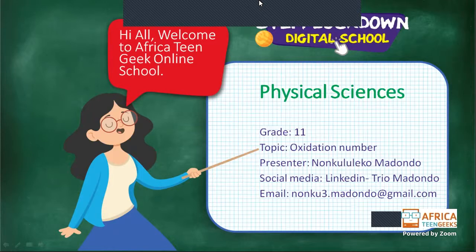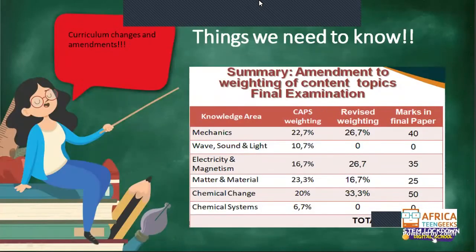Moving on, I told you guys that this week, every day of the week, I'll be explaining to you the new amendments of CAPS for the final year exam for Physical Sciences Grade 11. Just so you remember, make notes, write it down, and make sure that you understand that there are chapters that have been omitted from the program for this year, like chemical systems.